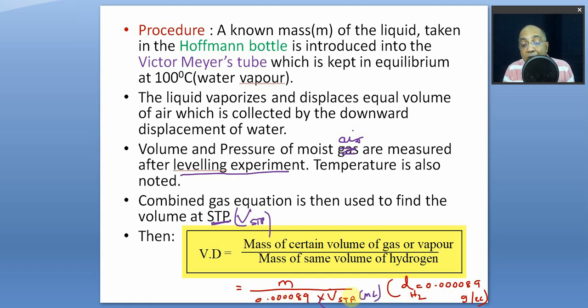Multiplying, that gives the mass of the same volume of hydrogen, and M is the mass of the liquid, because you have vaporized it, no doubt, but the mass is not going to change. You have taken it in the tiny Hofmann's bottle, but the mass does not change at all. So this mass is the mass of the liquid taken in the Hofmann's bottle, and the STP volume is multiplied by 0.000089.